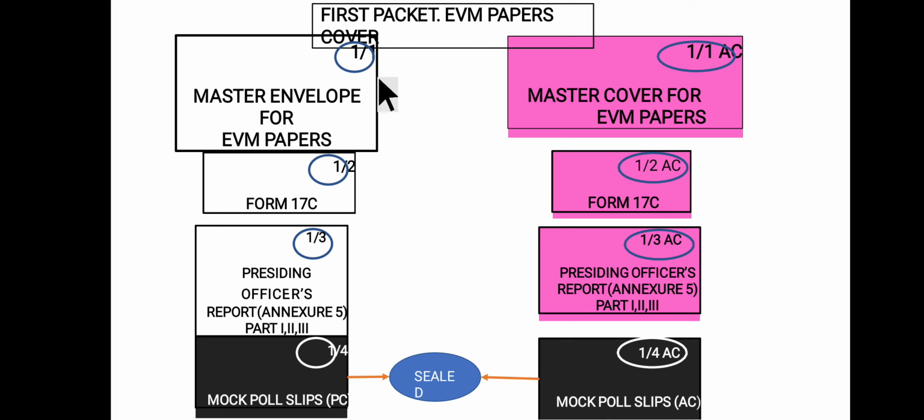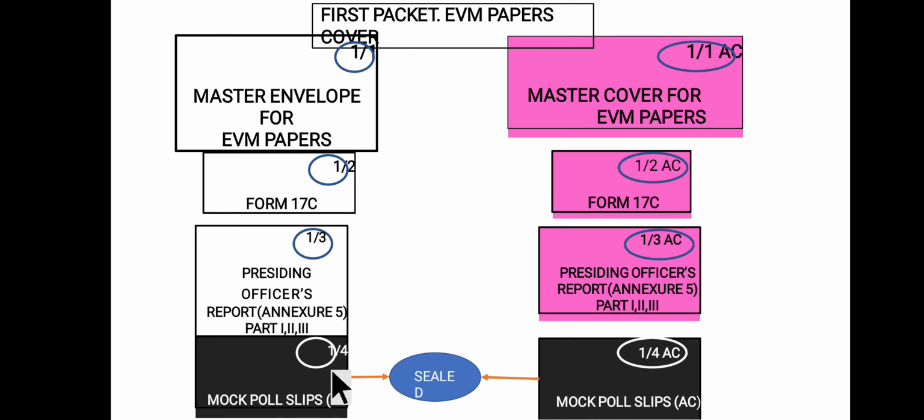So 1 by 1 includes master envelope for EVM papers, then followed by form 17C, followed by presiding officer's report, annexure 5, which means mock poll certificate, packing of or replacing of power packet, then followed by other registration forms, annexure and part 1, 2, 3.